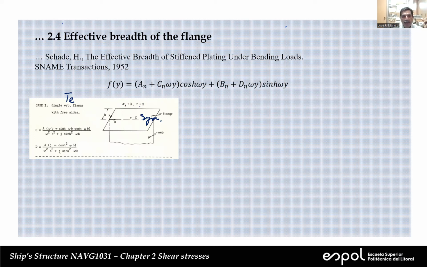Anybody, could you give me the subindices of this tau? Mr. Chikaisa, can you give me the subindices of this shear stress element? The subindice is... x.